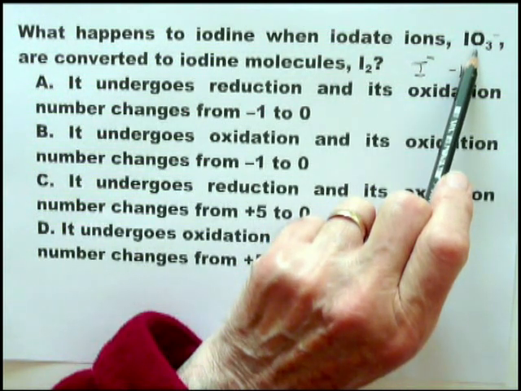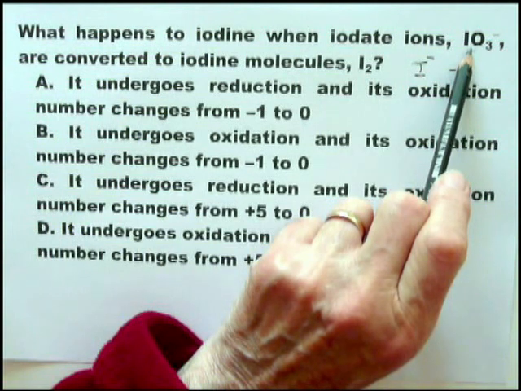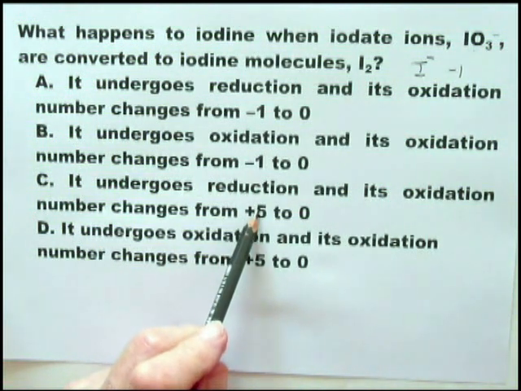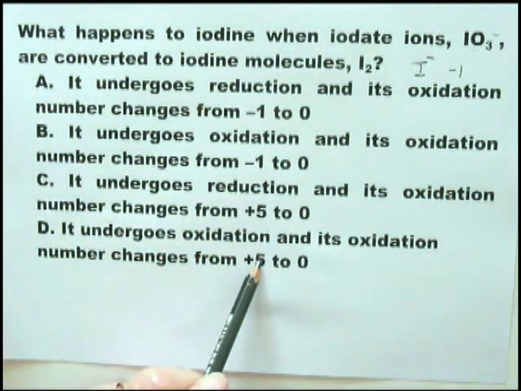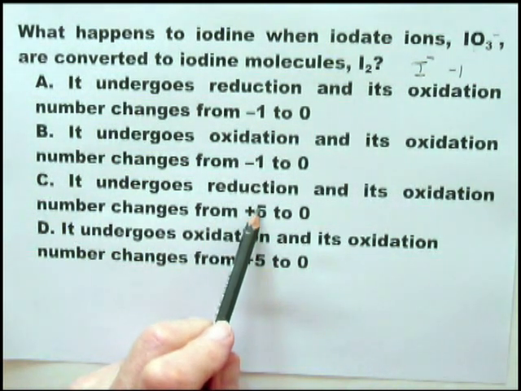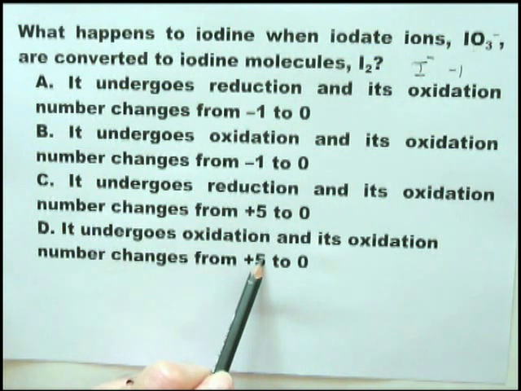We know from previous problems with iodine in substances containing oxygen, or chlorine in substances containing oxygen, that the iodine will have a positive oxidation number. And so we can immediately say, okay, it's either C or D, because iodine in iodate must have a positive oxidation number, and it must be +5.